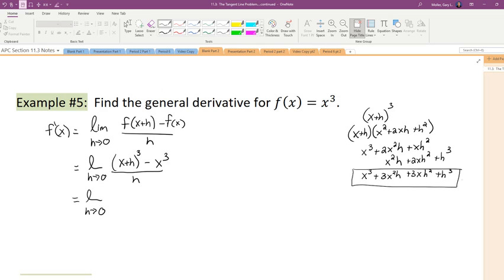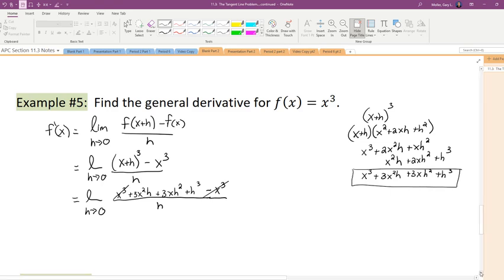I'm going to take that over here. So I get x cubed plus 3x squared h plus 3xh squared plus h cubed, minus x cubed. Almost forgot the second part of that numerator. All over h. All right, we cross off the x cubeds.